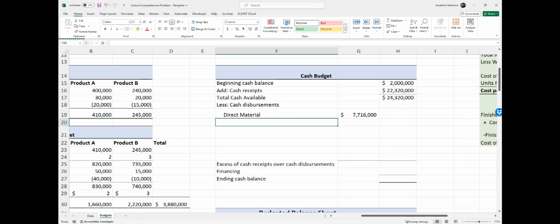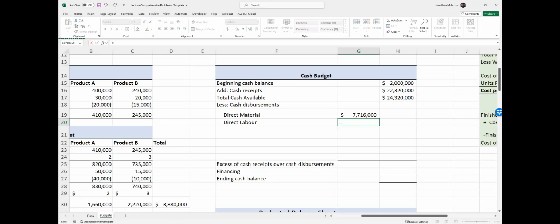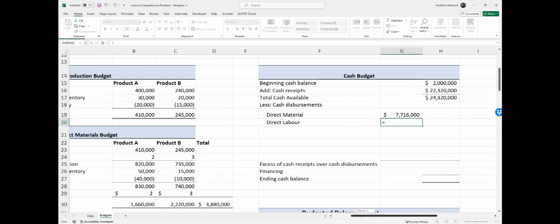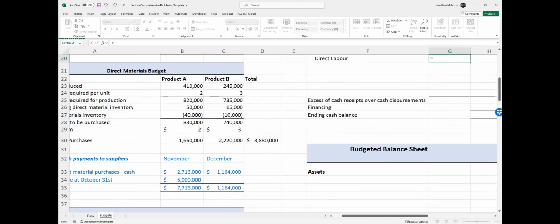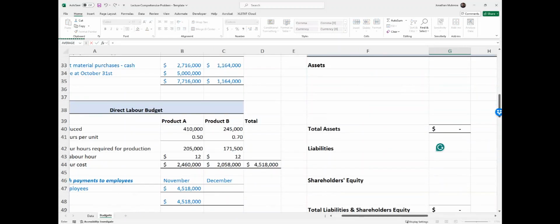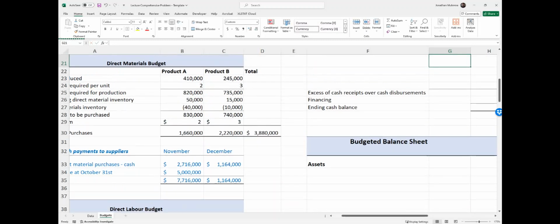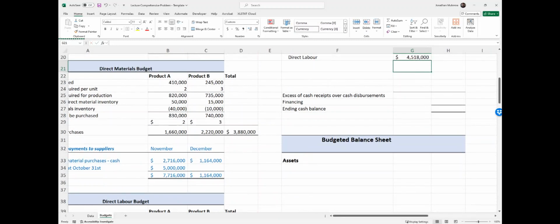And then we had direct labor payments that we made. 100% of the direct labor was paid in the current period, if you recall. So we go to our direct labor, and we said in November all direct labor was paid in the current period, so 4.8. And then the next one will be manufacturing overhead.